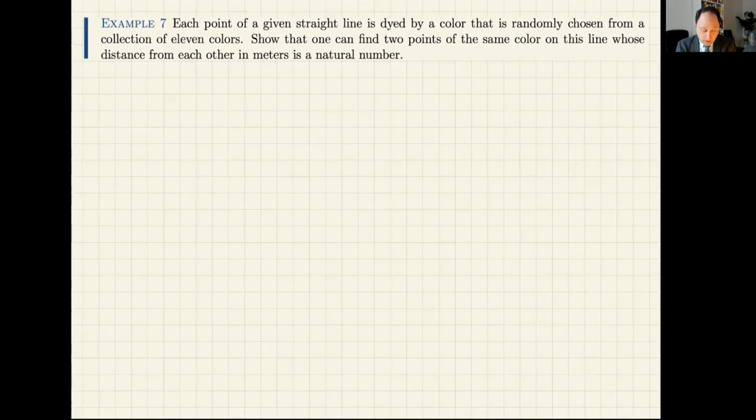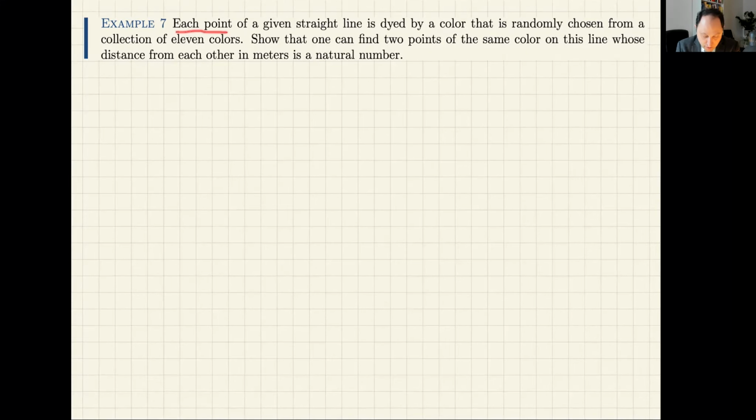Okay, who wants to answer this example? Let me read the example first. Each point of a given straight line is dyed by a color. I don't even know if this is a correct expression. It's dyed by a color, so I'm painting it in a color that is randomly chosen from a collection of 11 colors.